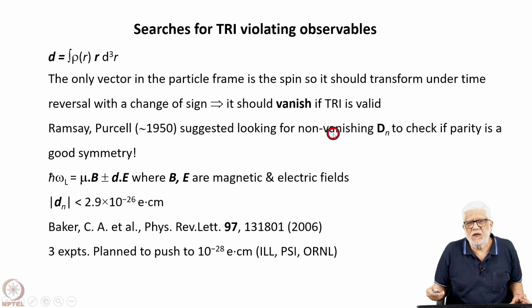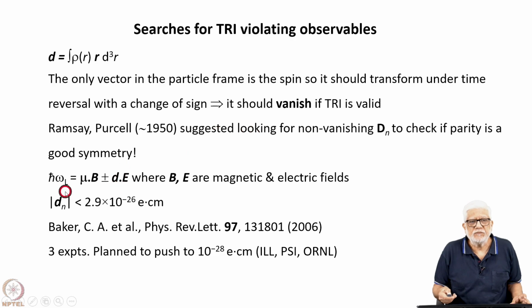Okay, it does not change sign under parity, but it is T odd, because it is like r cross p. So, p is T odd. So, if you find a non-zero value for the electric dipole moment of the neutron, it not only shows that parity is violated, but also that time reversal invariance is violated.